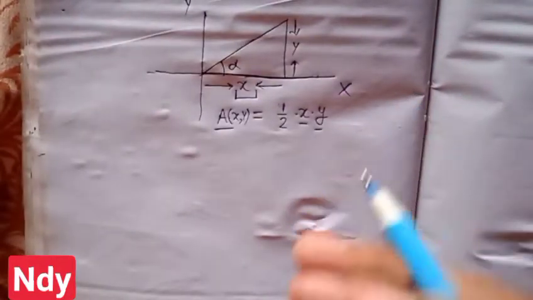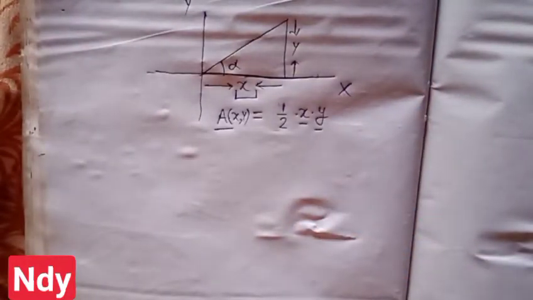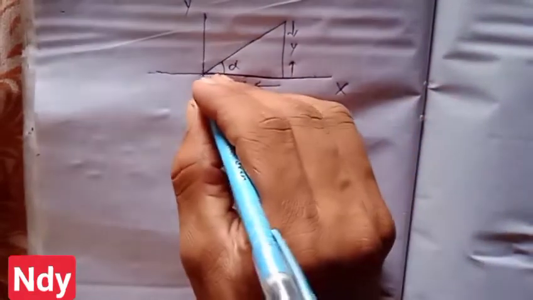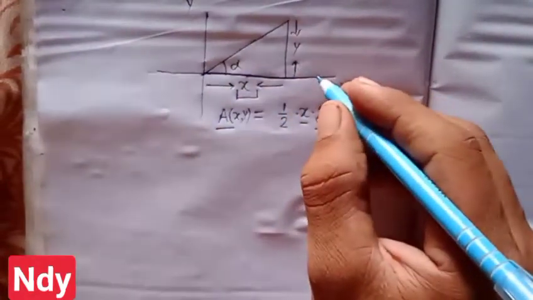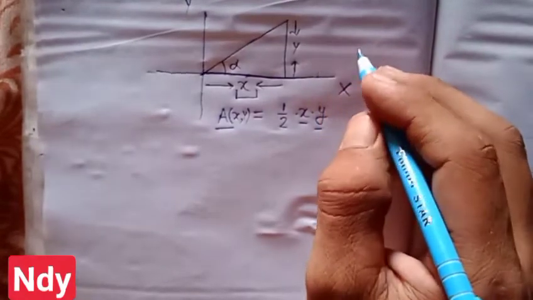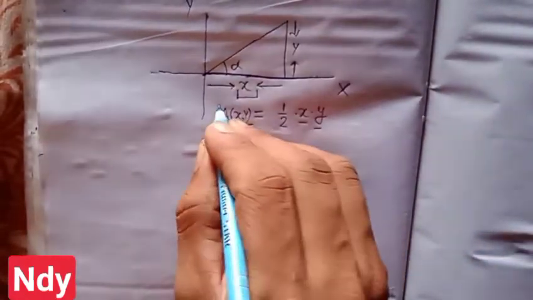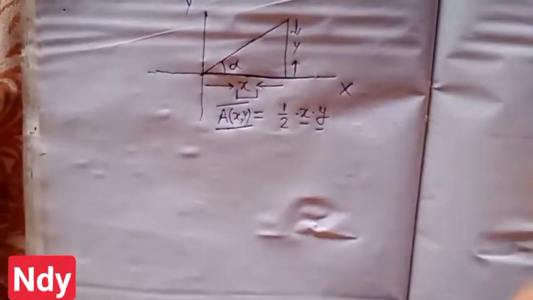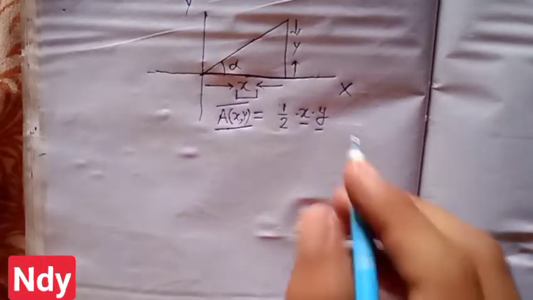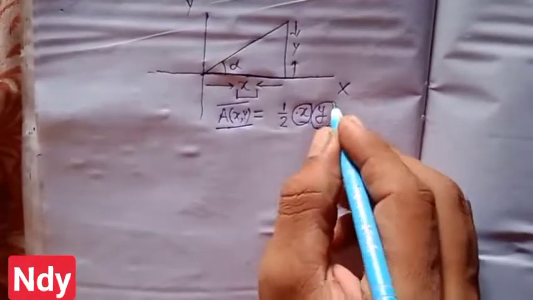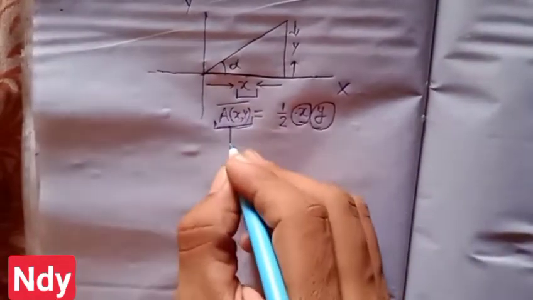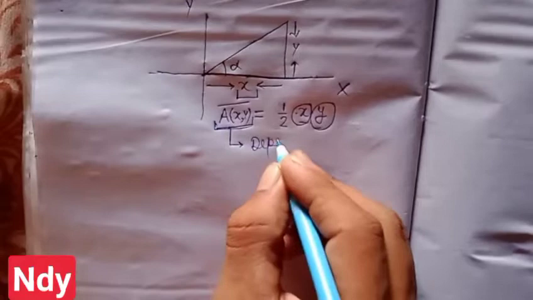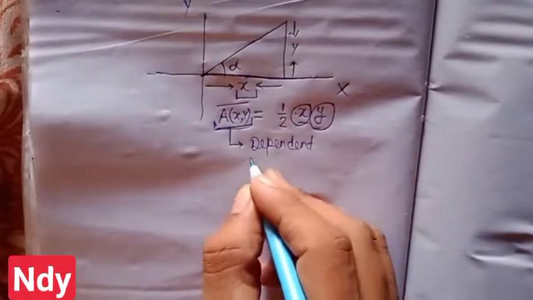According to our desire we can put any value to x and y. So these x and y are called independent variables. And area also varies as we vary x or y, but area cannot take any value. The value of area depends on the values of these x and y. So this area is called a dependent variable.